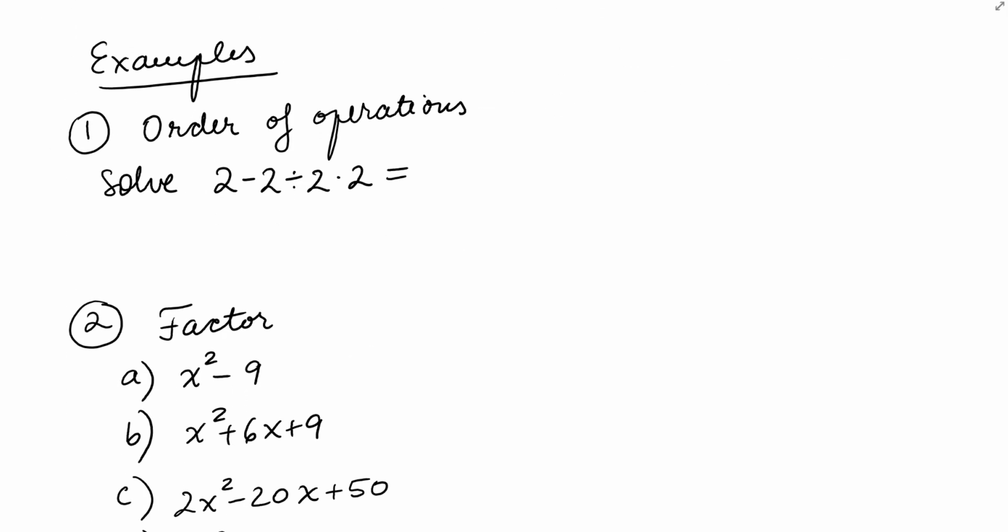The first example is an order of operation problem. You learned the mnemonic PEMDAS, which everybody knows about, but people still struggle with applying it. So P parentheses, E exponents, M multiplication, D division, A addition, and S subtraction.